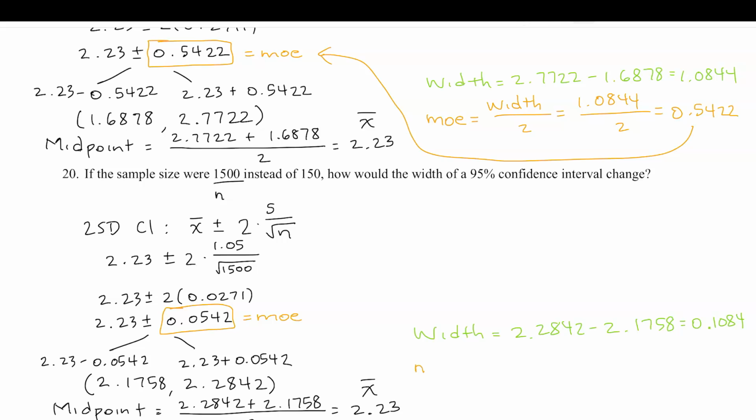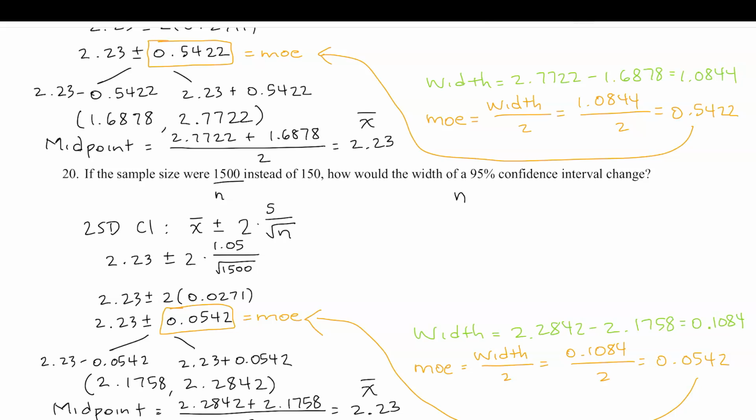And then, just for good measure, the margin of error I can get by taking the width and cutting it in half or dividing it by 2. So if you take 0.1084 and divide that by 2, you will get 0.0542, which is the margin of error that we saw as we were computing the confidence interval.